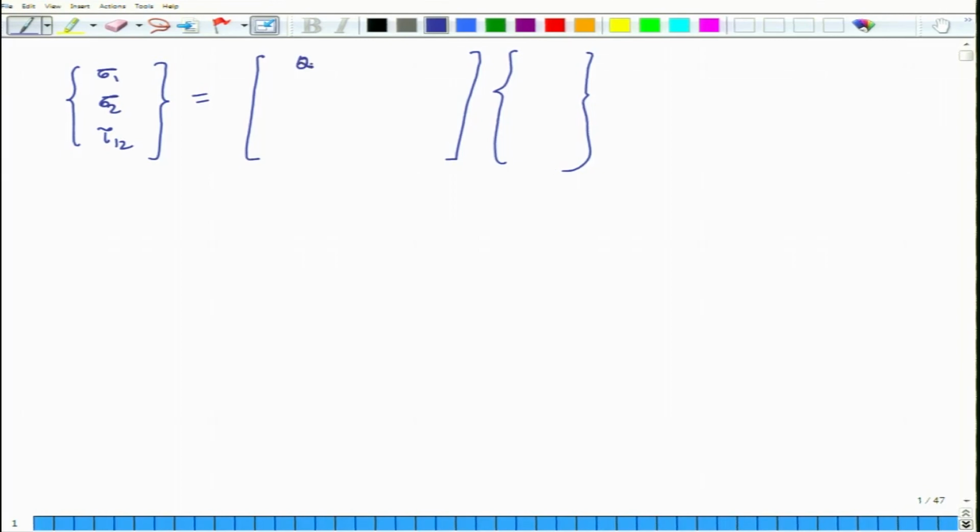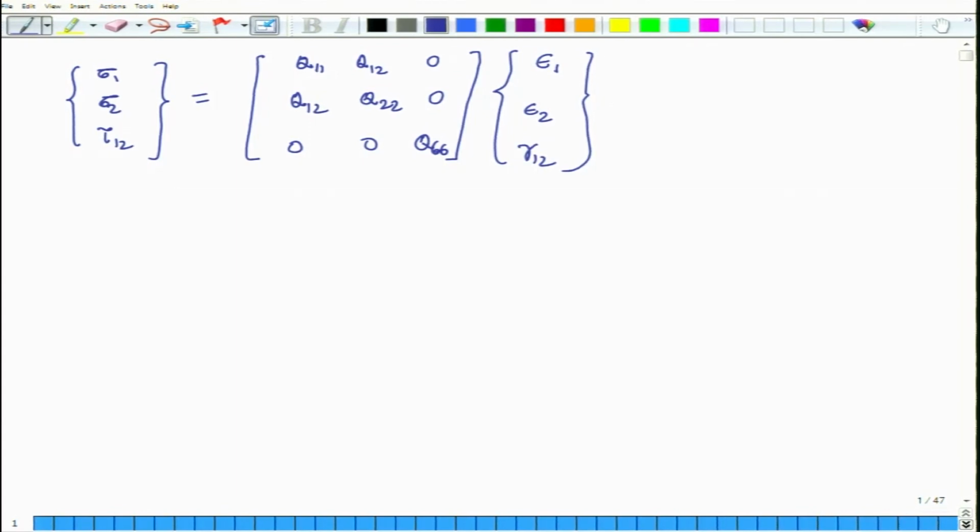The stiffness matrix is something like this: Q11, Q12, 0; Q12, Q22, 0; 0, 0, Q66, and on the strain side we have epsilon 1, epsilon 2 and gamma 12.